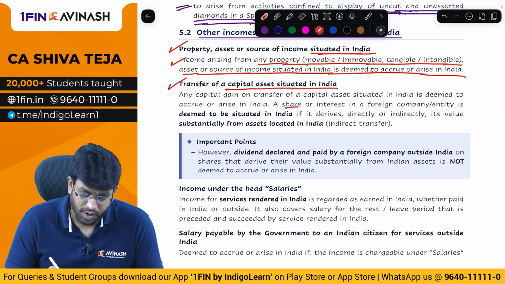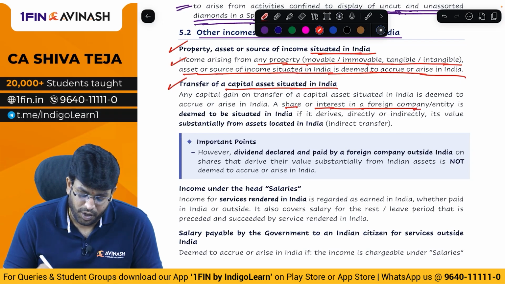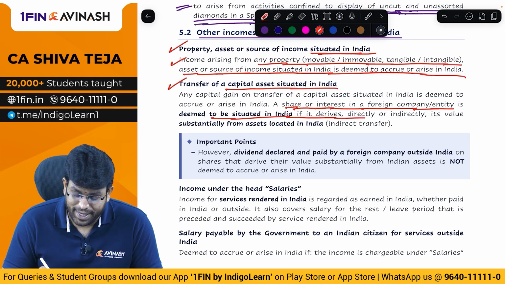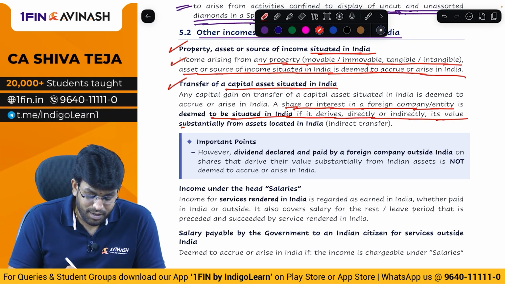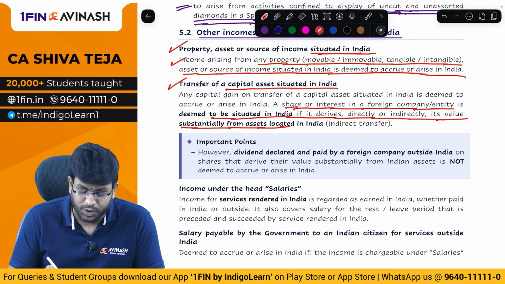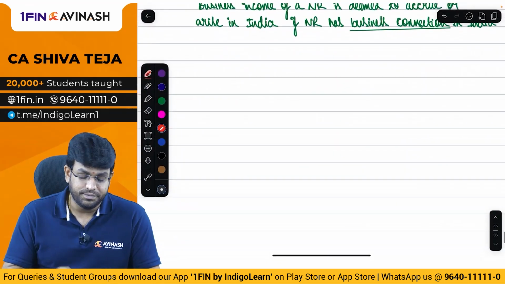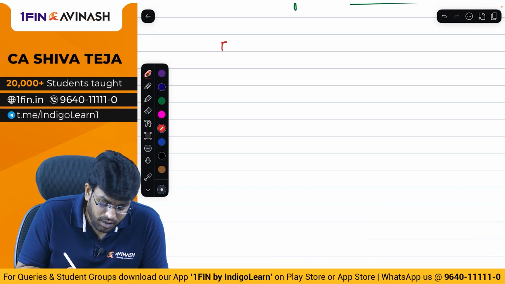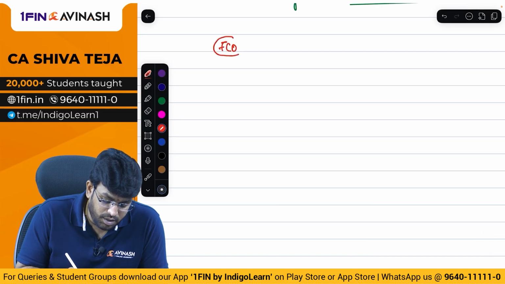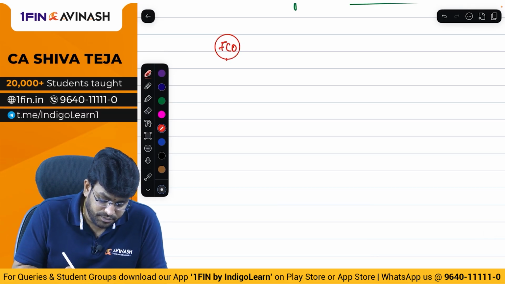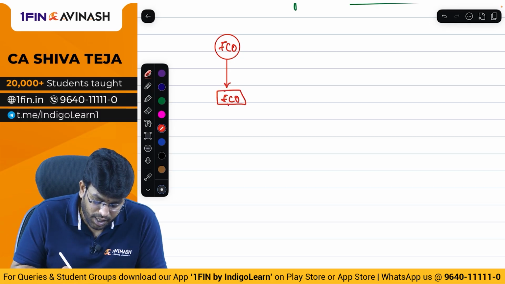Next line. A share or interest in a foreign company or entity is deemed to be in India if it derives directly or indirectly its value substantially from assets located in India. Indirect transfer. Let me explain that to you. There is one foreign company which is holding shares in another foreign company which is holding shares in an Indian company.